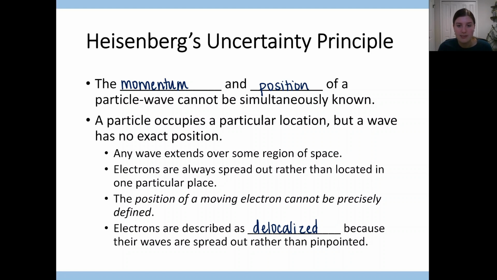They're described as delocalized because their waves are spread out rather than pinpointed. We're going to talk in the next section about what these areas look like where an electron can exist in an atom, but we cannot know exactly where an electron is. We just have an idea of a space, an area where the electron can exist, but the specific location is unknown. And that brings us to our next section.